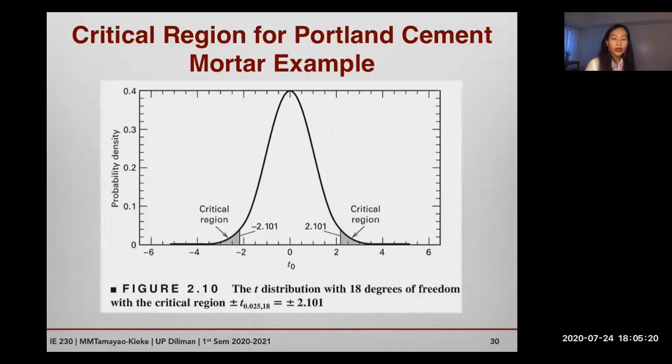Okay, so our critical region is what? Now we have to determine our critical region. So our critical region can be obtained using the formula that I showed you earlier. And that yields negative 2.101 to 2.101.